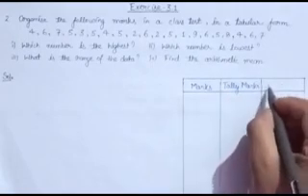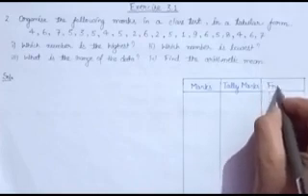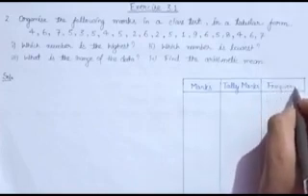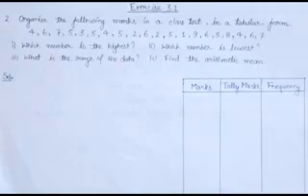And in this column, we write frequency. Frequency, you already know. Frequency means number of times the observation has occurred in the given data. So let us see.